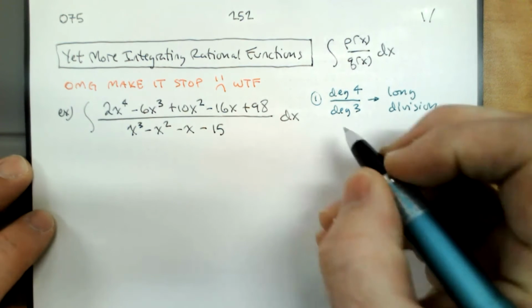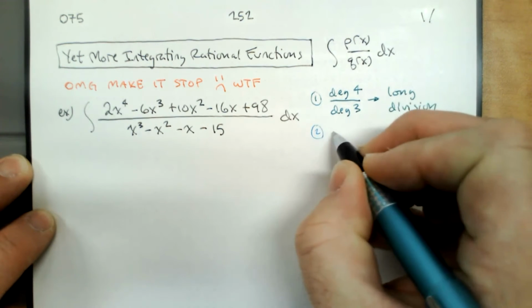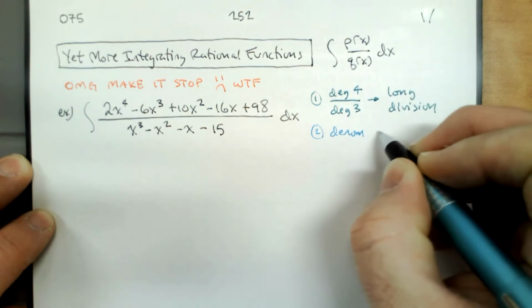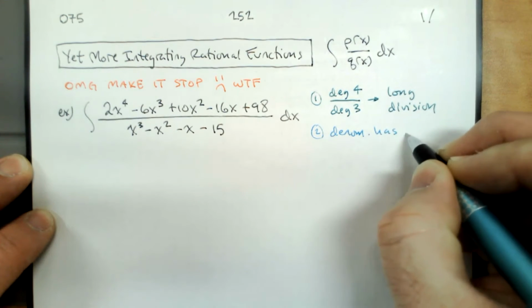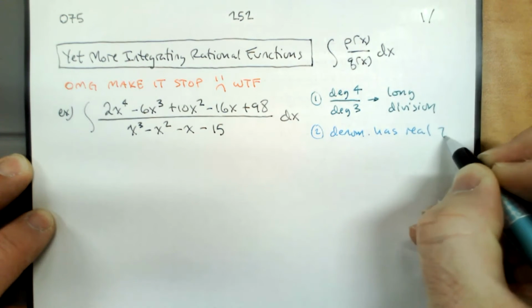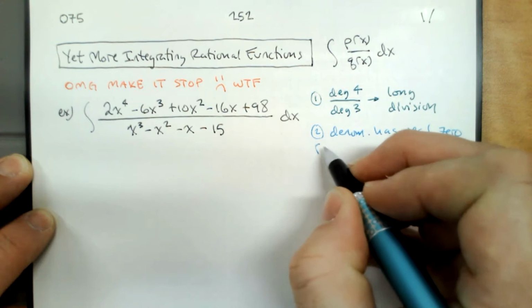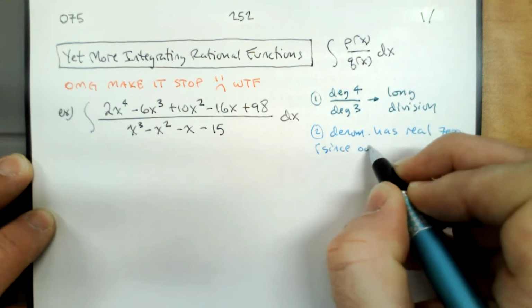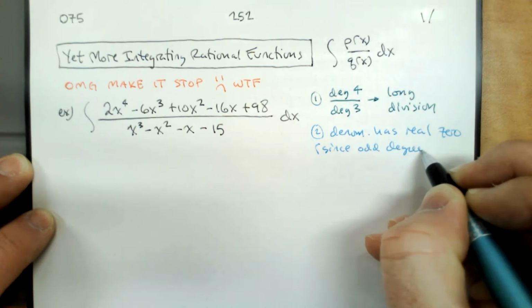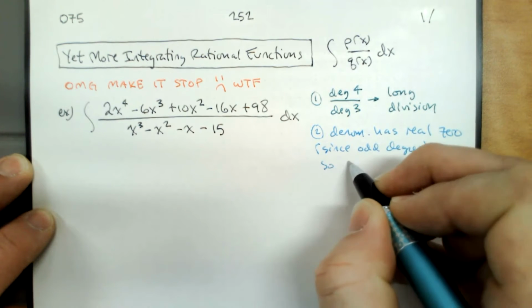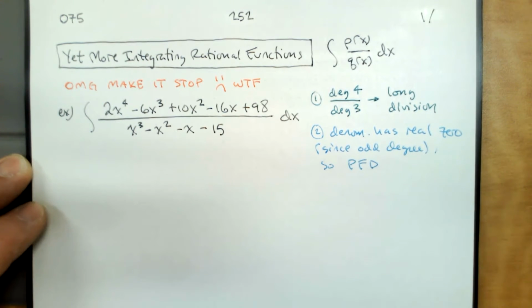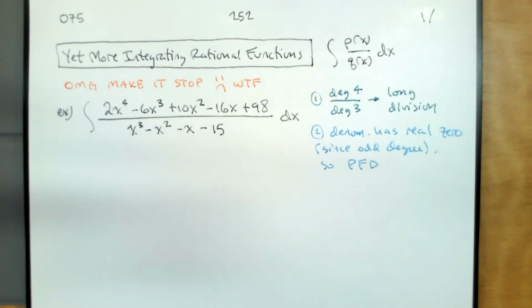So the denominator has a real 0 because it's odd degree. Therefore, we're going to have to do some partial fraction decomposition. And also, we're going to have to factor this denominator.